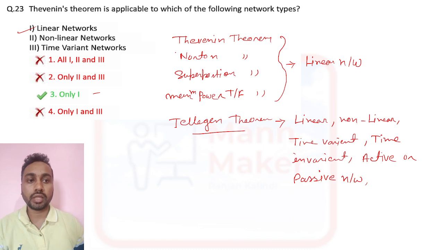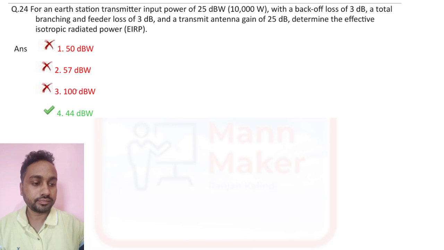Apart from that, Thevenin, Norton, superposition and maximum power transfer theorem are all applicable only for linear networks. So from here, option 3 will be the right answer.